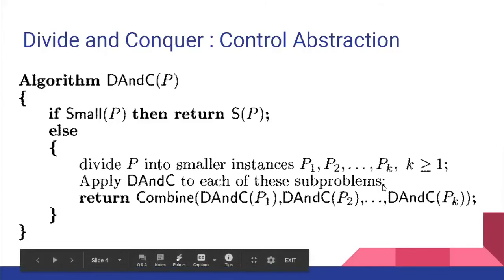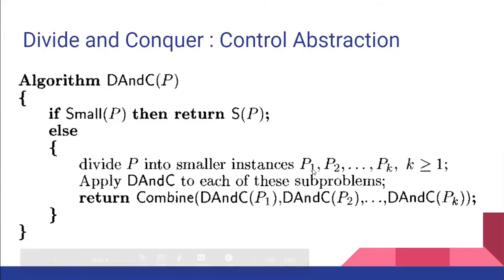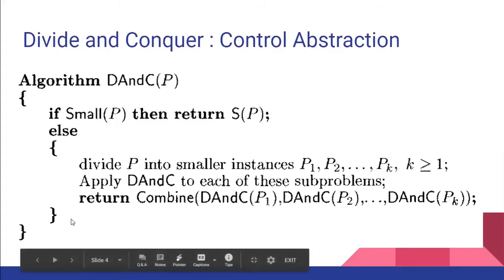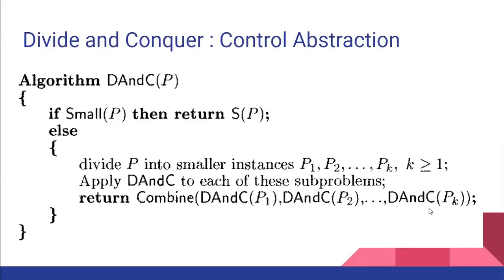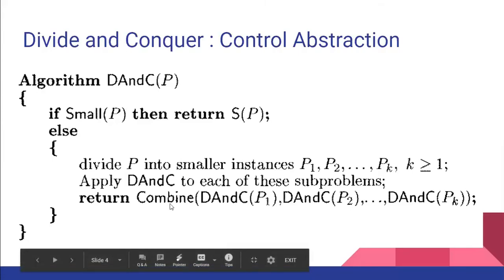Then once these sub-problems are solved, from each sub-problem you will be getting a solution. Combine is the function which will combine the solutions obtained by divide and conquer for problem P1, divide and conquer for problem P2, and divide and conquer for problem Pk. For all the k instances, whatever solutions are obtained, those solutions will be combined.